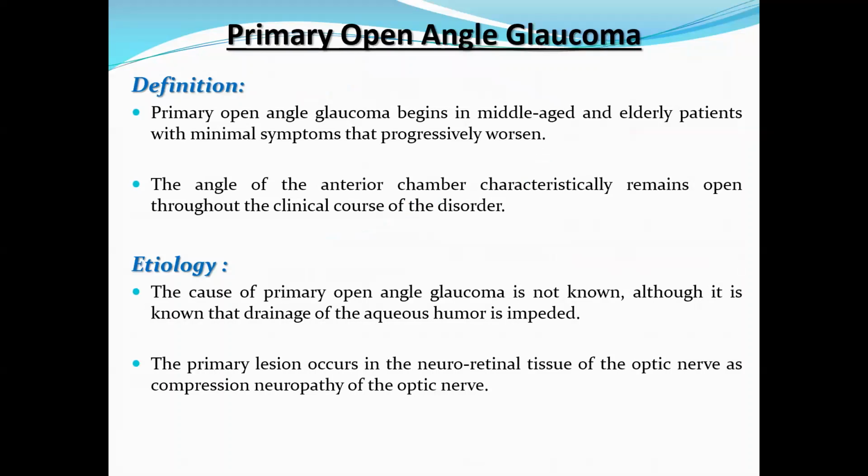Primary open-angle glaucoma begins in middle-aged and elderly patients with minimal symptoms that progressively worsen. The angle of the anterior chamber characteristically remains open throughout the clinical course of the disorder.